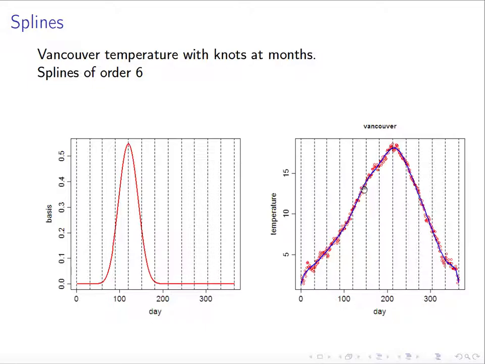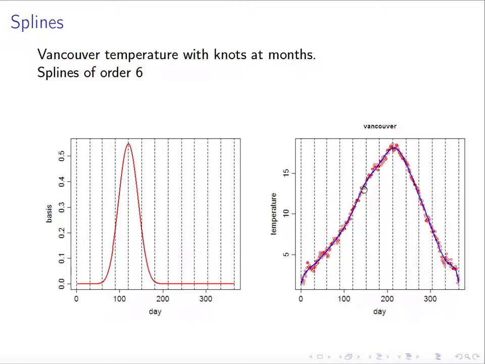So we only use higher order B-splines when we want to estimate the derivative. For example, if we only want to estimate the temperature curve itself, we will use cubic, order 4 B-splines. If we want to estimate the derivative of the curve, we will increase the order by 1, so we will use order 5 B-splines.